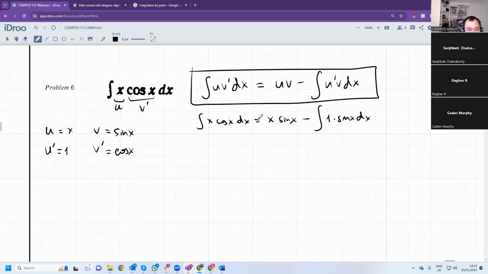So we have x sine x minus... we don't need to integrate that, it's already here. And we integrate this very easily. So it's x sine x minus integral of sine, so it's plus cos x plus c. And that's the answer. Straightforward.